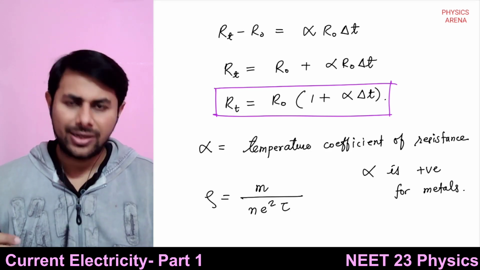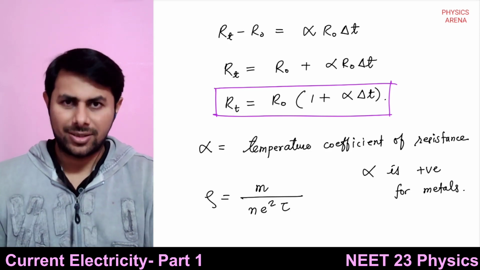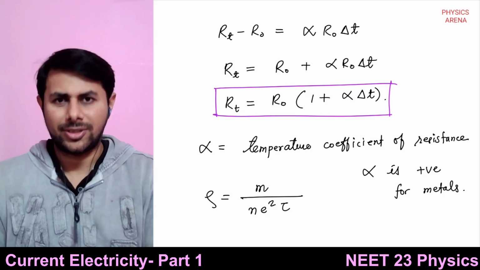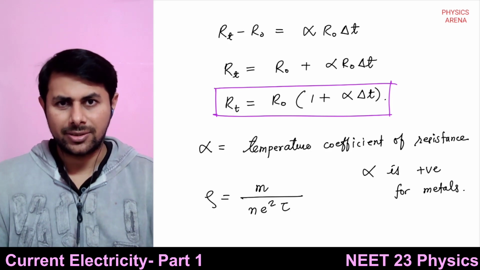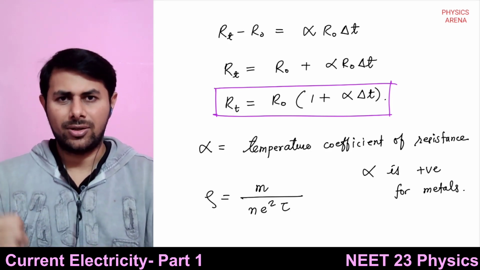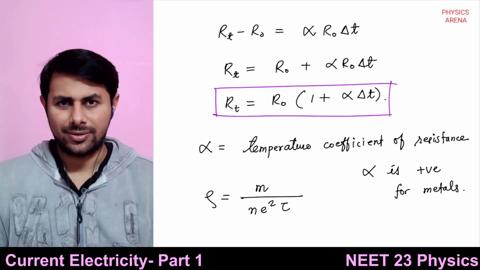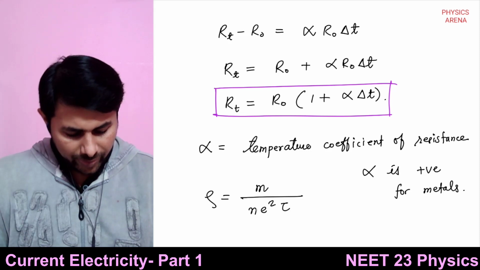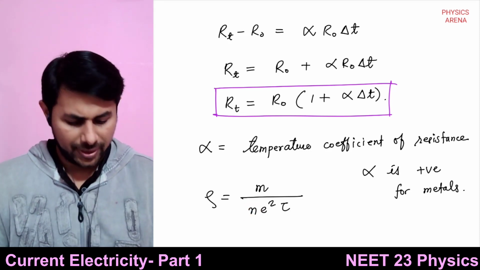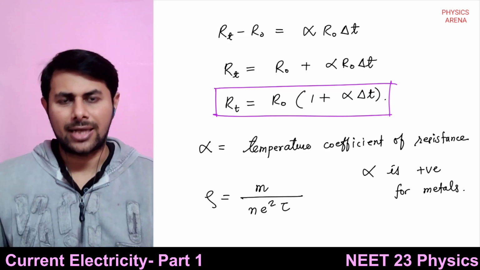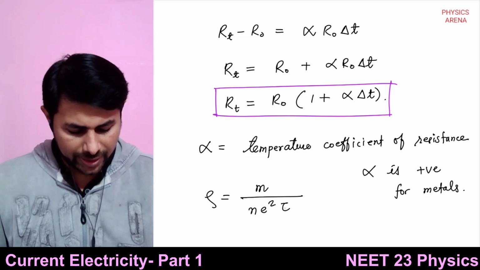As you increase the temperature, electrons gain some energy to come out of their respective bonds, out of the outermost orbits in case of semiconductors, and out of the covalent bonds in case of insulators. So more electrons will be available for conduction. In case of semiconductors, it is electrons as well as holes.